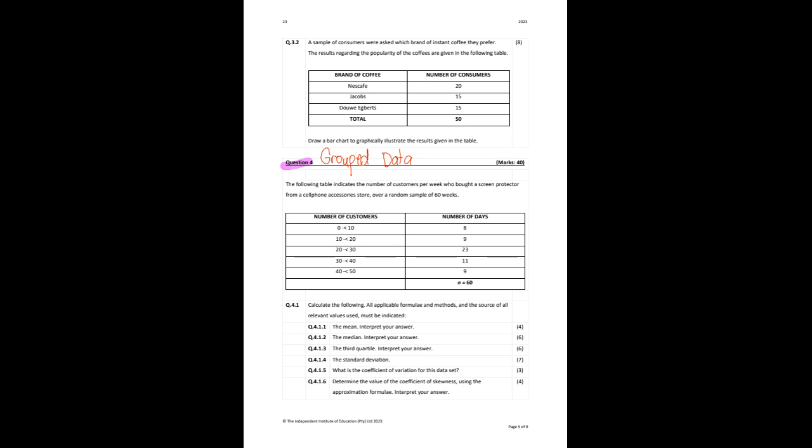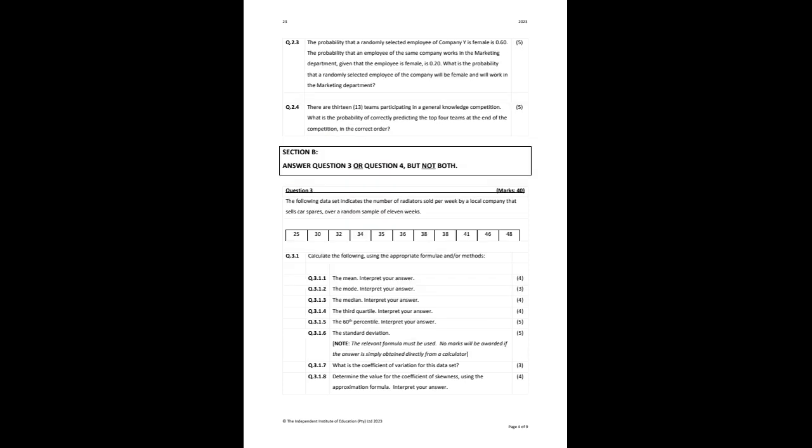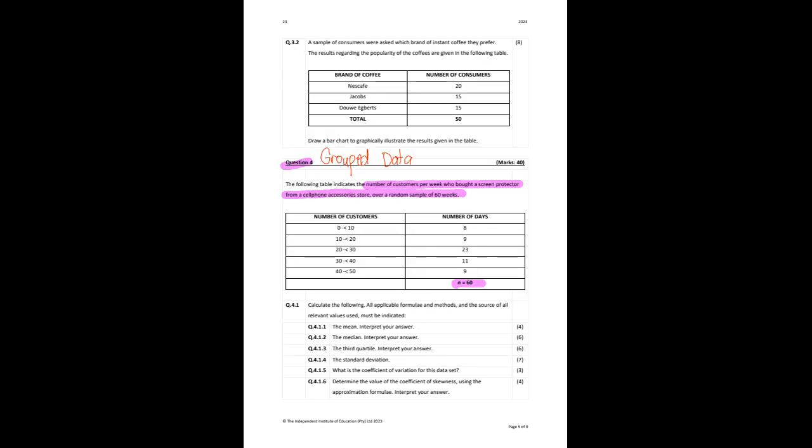Here, they said to you, the following table indicates the number of customers per week who bought a screen protector from a cell phone accessory store over a random sample of 60 weeks. That 60 weeks is your n value, but they also told that to you in the table. As I said, I think the questions are identical. It was mean, median, third quartile, standard deviation.